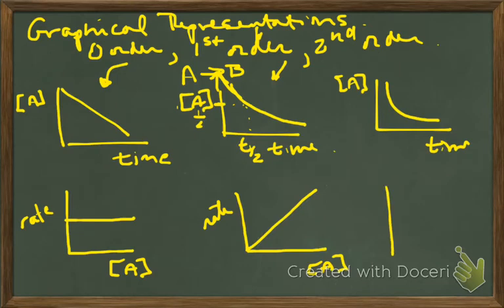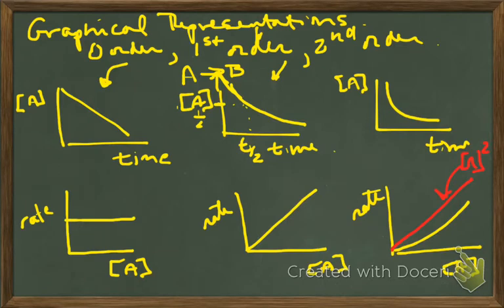And then for the second order, concentration versus your rate, it would look like this. Interestingly enough, to note, this would be for your concentration of A to the second power would be a straight line. Okay, and I'm hoping that that makes sense. Okay, if it doesn't, please ask.